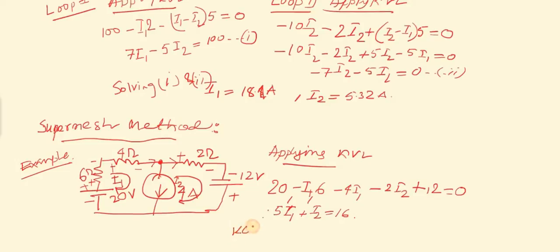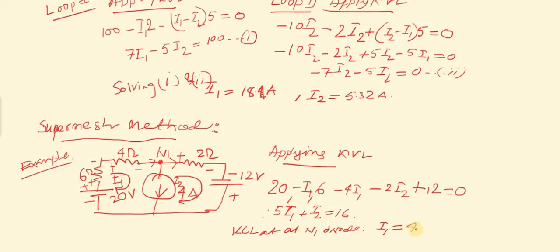That means KCL at this node, a node. Okay. What will be the equation? That is, I1 is equal to the sum of these two currents.